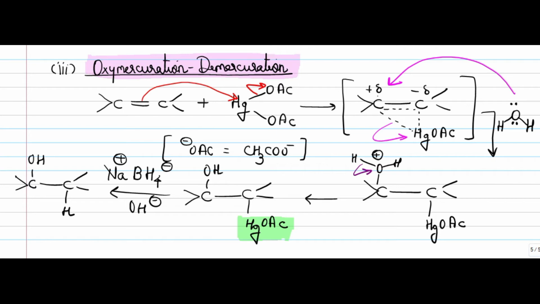So this is the basic way in which oxymercuration, demercuration occurs. We would take up an unsymmetrical alkene to understand this reaction more precisely, and try to figure out whether the addition is Markovnikov or anti-Markovnikov. So let us take up an alkene which is not symmetrical. It's an unsymmetrical alkene.